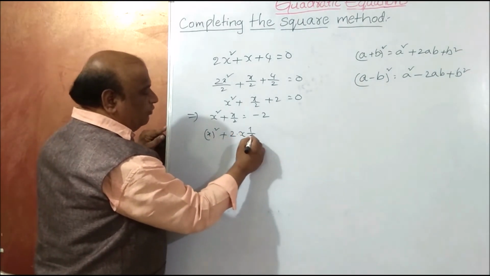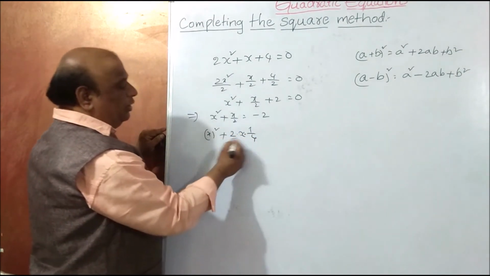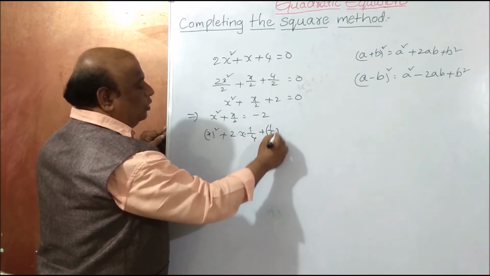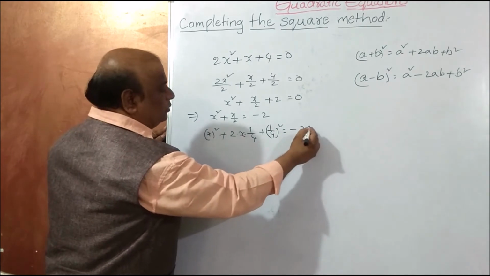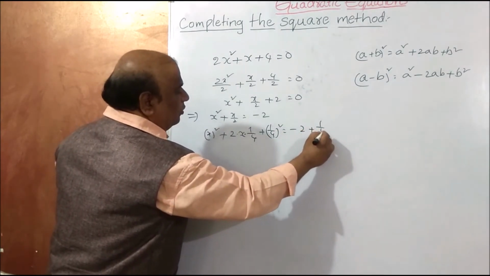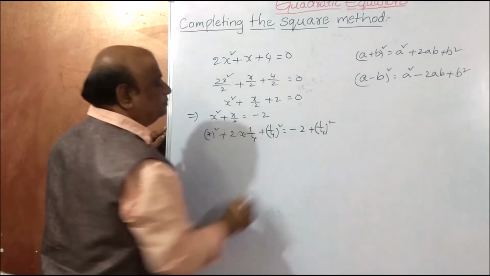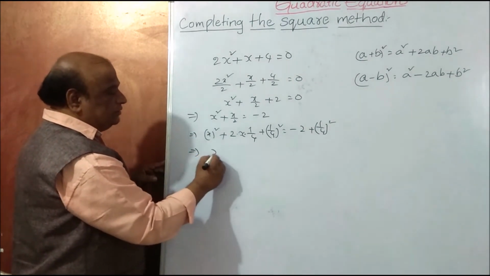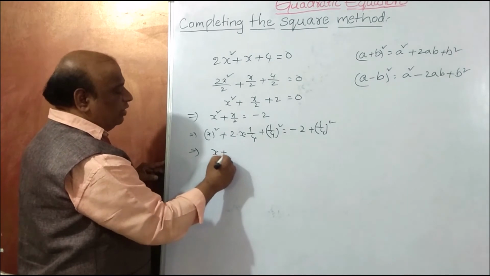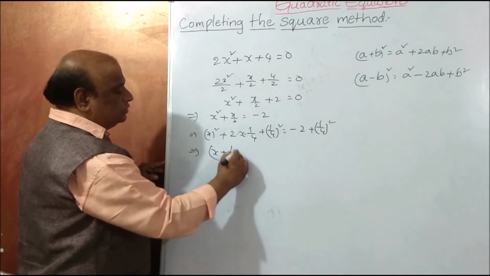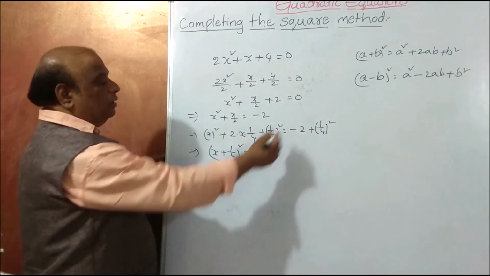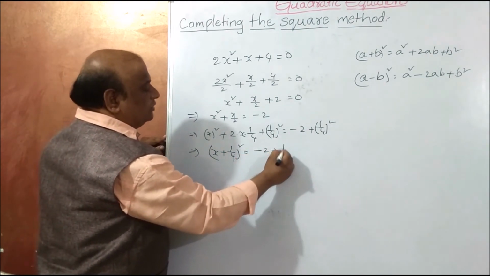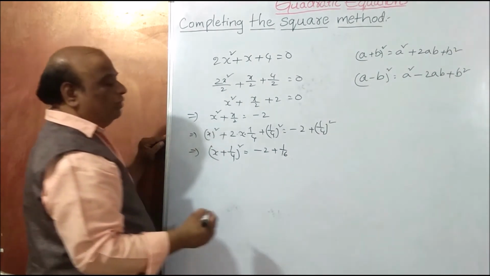So that is 1 by 4. 2 into x into 1 by 4 plus 1 by 4 whole square is equal to minus 2 plus 1 by 4 whole square. Here again x plus 1 by 4 whole square is equal to minus 2 plus 1 by 16.